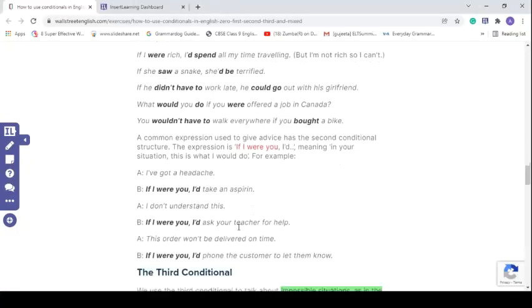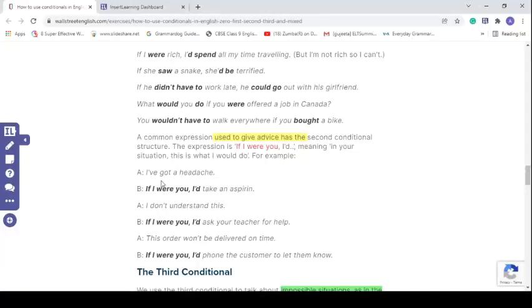Now we move to another use of the second conditional, where we use "if I were you." If you're giving advice to someone, you are using a second conditional structure. Let's see with an example. If someone says, I have got a headache, and you are supposed to give advice to that person, how will you say it? If I were you, I would take an aspirin.